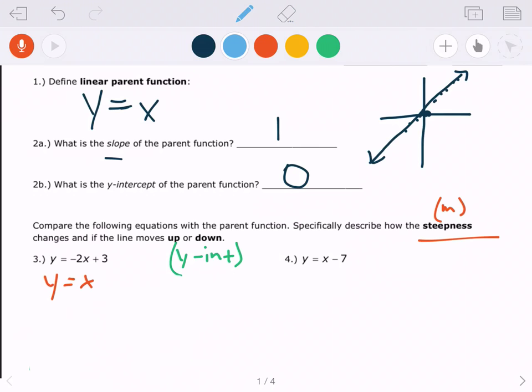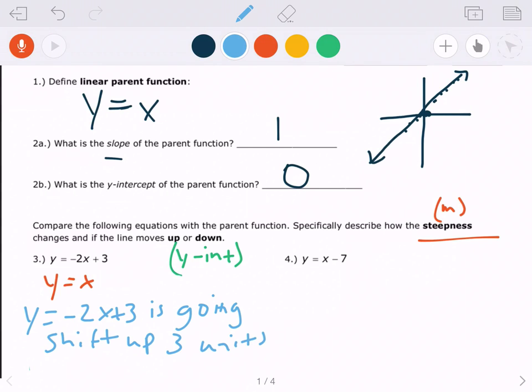So if I'm looking at a line that has a y-intercept of 3, y equals -2x plus 3 is going to shift up 3 units compared to my parent function, I'll just call that PF. So that line is going to be higher up on the graph than the parent function because the y-intercept of 3 is shifting that line 3 units up.